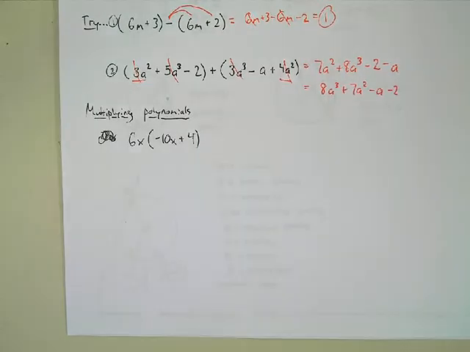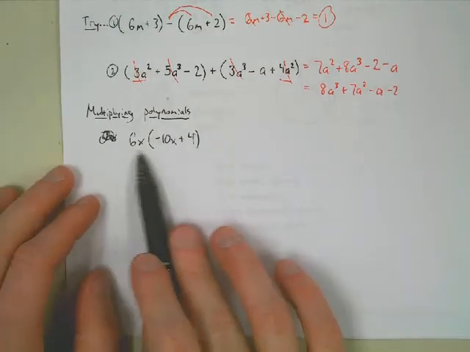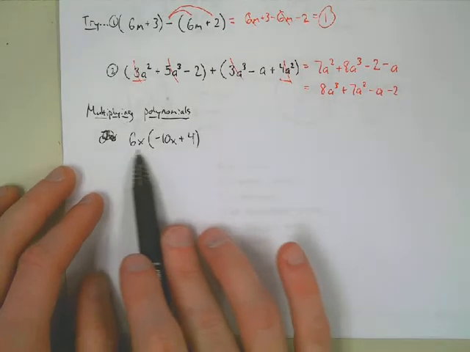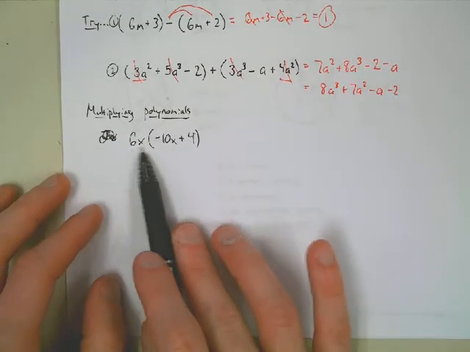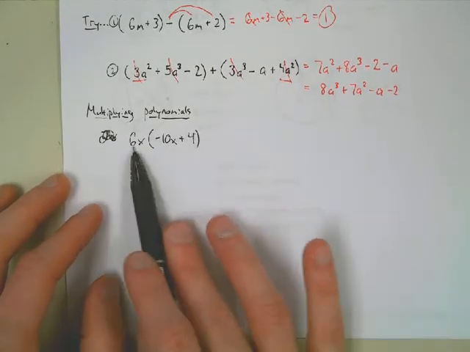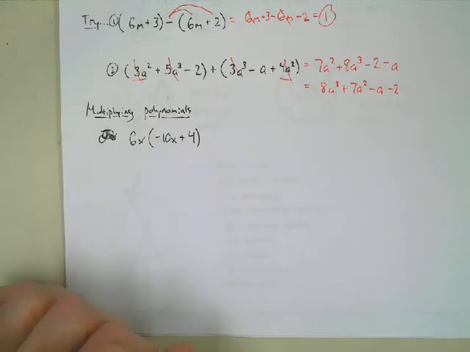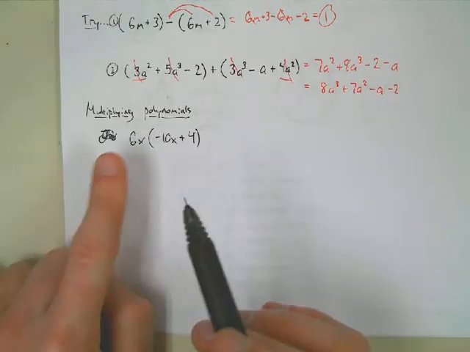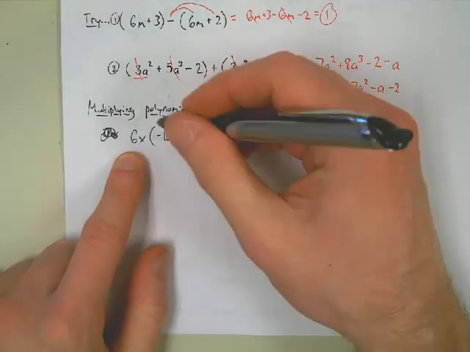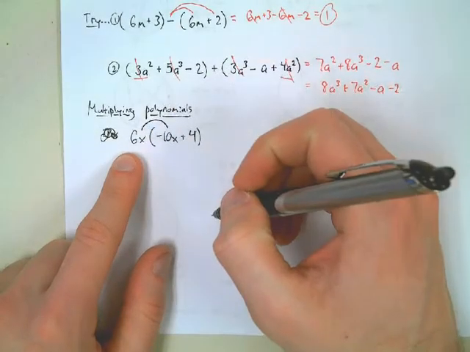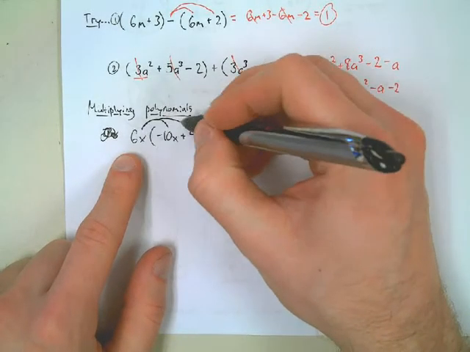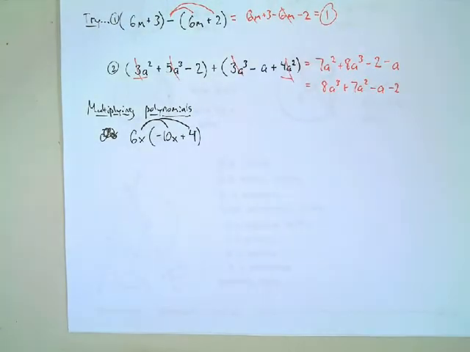Right, so when we have something in front of parentheses, we distribute that something. So the something in front of our parentheses here is 6x. Okay? So that means the 6x multiplies to negative 10x and to the 4. It distributes. Okay? Multiplication there.